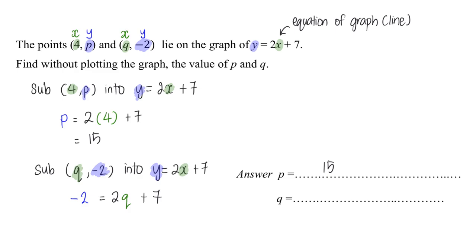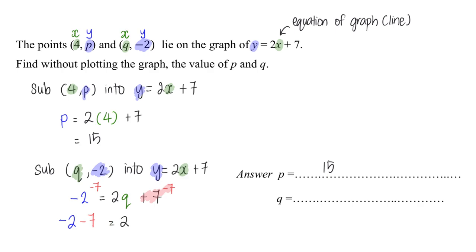So I'm going to minus 7 on both sides of this equation, because then 7 minus 7 will be equal to 0. And therefore you will get this.